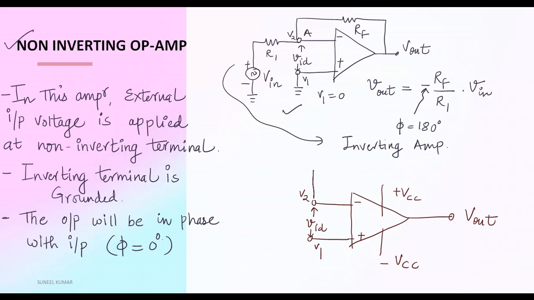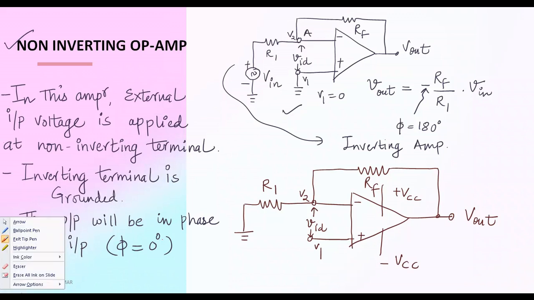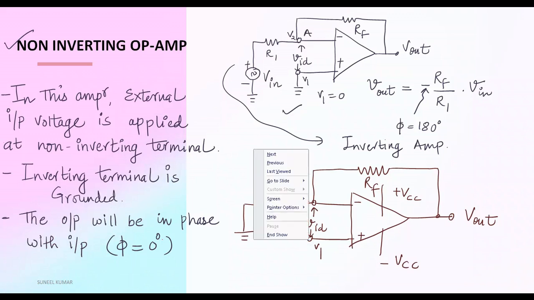We will connect a feedback resistance here because we are discussing closed loop configuration. Let's say this is RF, and here one resistance is connected, that is R1, and we are grounding it. And voltage will be connected here at non-inverting terminal. We will connect an AC voltage here.